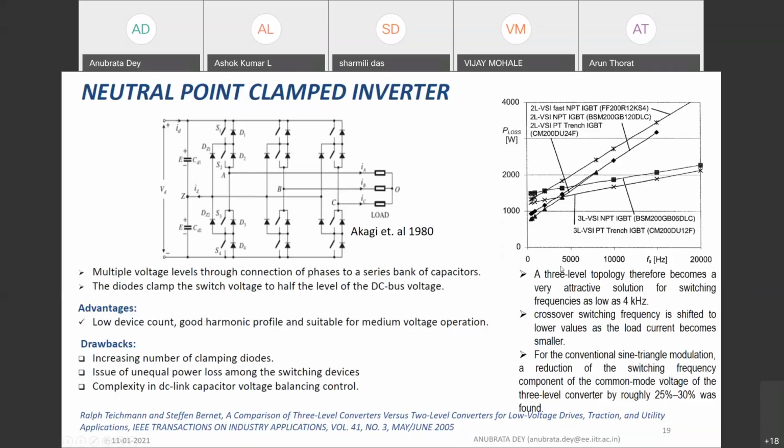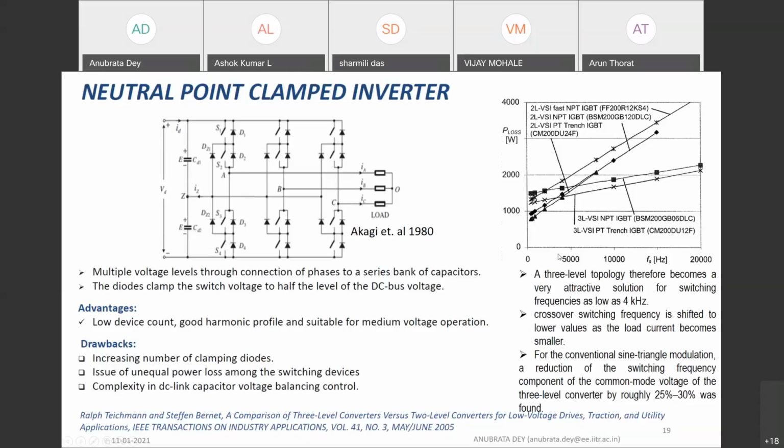Here again, one small observation from these loss characteristics: you can see when you compare the 2-level and 3-level using similar IGBT switches, one using punch-through technology and the other non-punch-through technology.